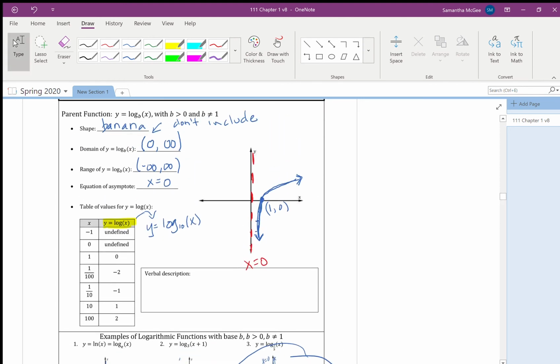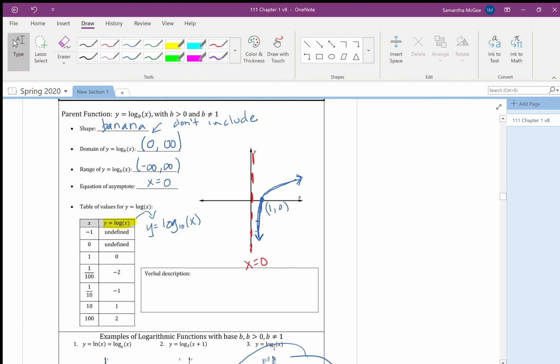This last piece is a verbal description. How would you explain to another person what that function does? It doesn't jump out right away, but if we look at the table, we have our x values on the left-hand side and our outputs on the right-hand side.